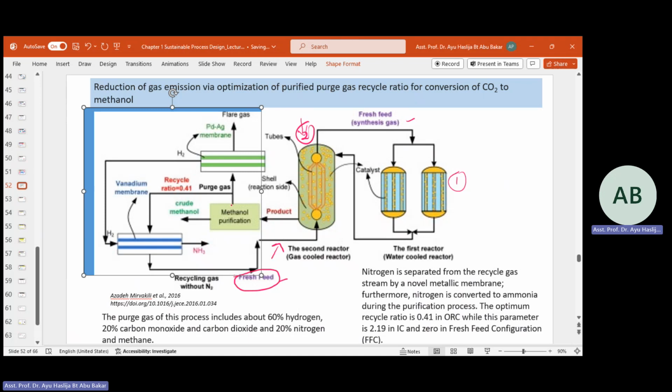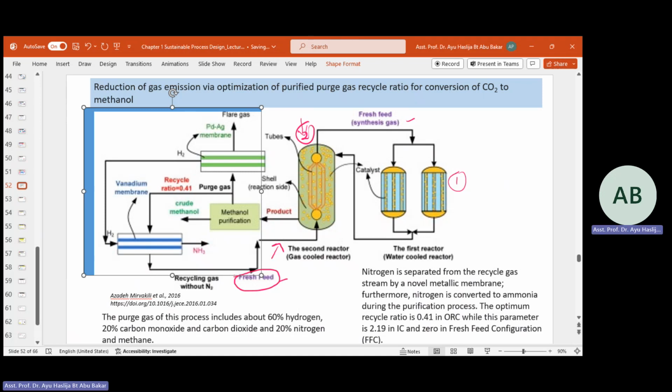Now, it has a recycle stream over here. Two recycle streams. One goes up to here, where the final product would be flare gas. Another one goes straight away to the membrane. Okay, there are two recycle streams over here.